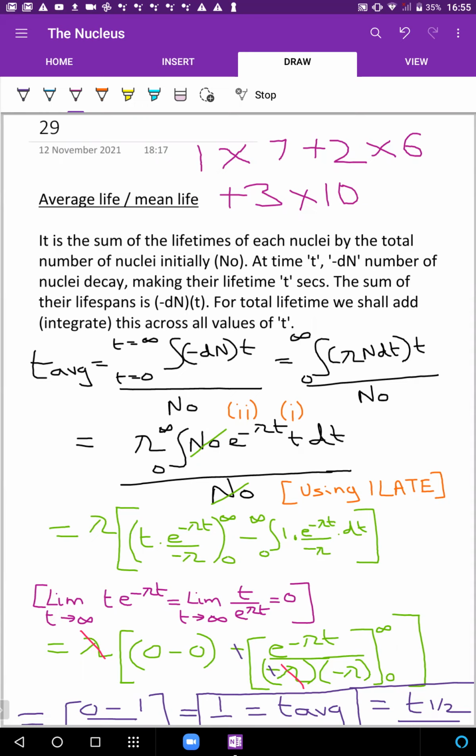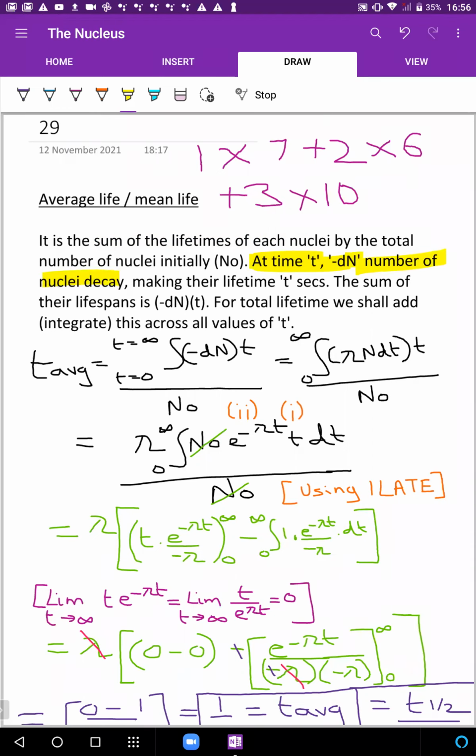Right? We are trying to do something similar while finding the total lifetime of each nuclei. So what we'll do, at time t, हमने कहानी यहाँ से start किया था कि minus dn number of nuclei decay, right?